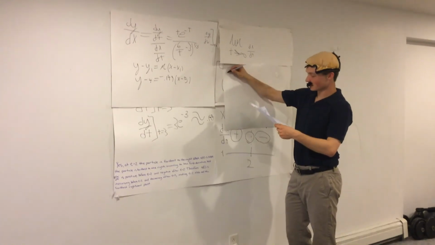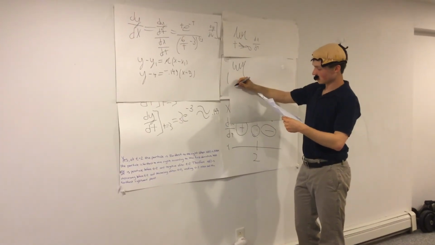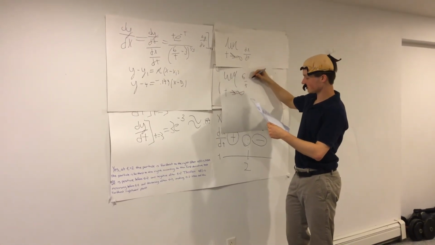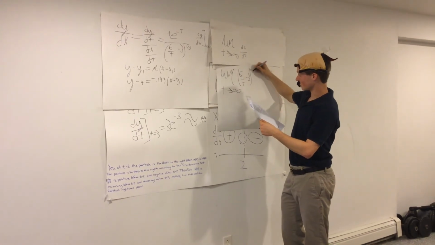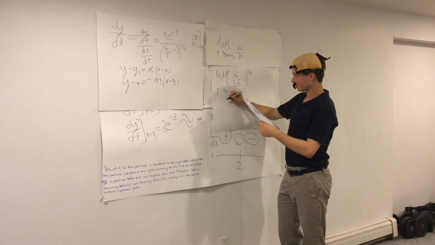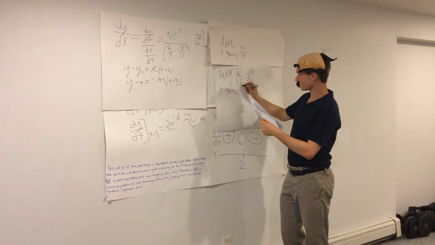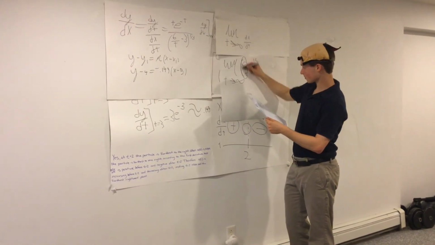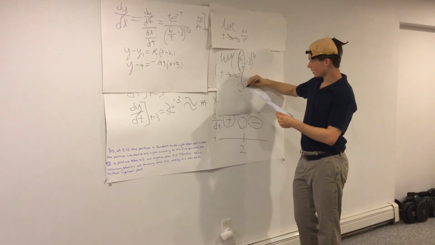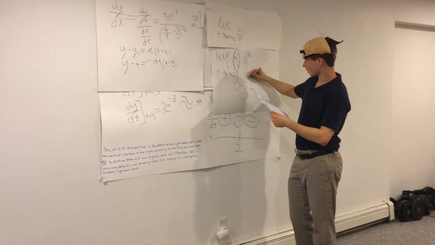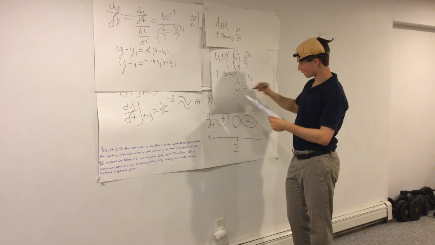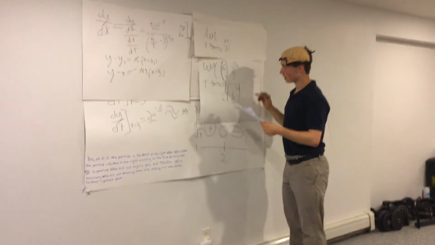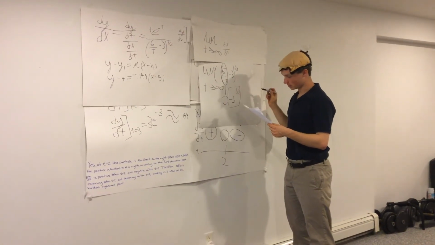So, the limit as t approaches infinity of 6 over t minus 3 to the 1/3. As t approaches infinity, this is going to equal 0, and 0 minus 3 to the 1/3 just equals minus 3 to the 1/3. This is the limit of dx/dt as t approaches infinity.